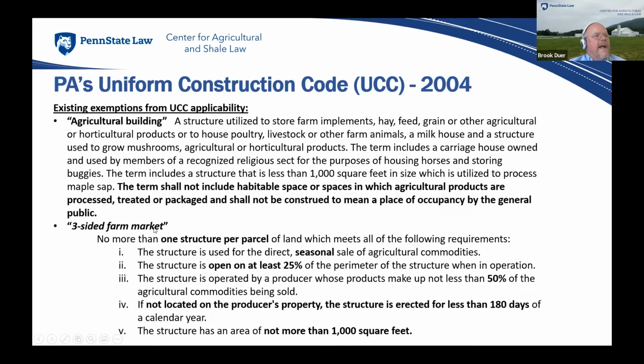We also have the three-sided market exemption, which seems to be, I'm not sure who's actually able to use this, but this was an attempt to overcome this last sentence by saying, okay, we'll allow the public to essentially walk under the roof of an on-site farm market, if you only have one per parcel, that they only engage in seasonal sales, that they're open on at least 25% of the perimeter. So that's why I call it the three-sided farm market.